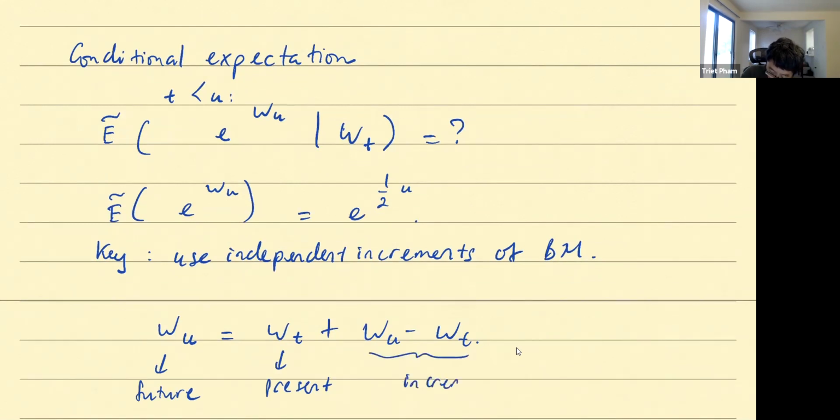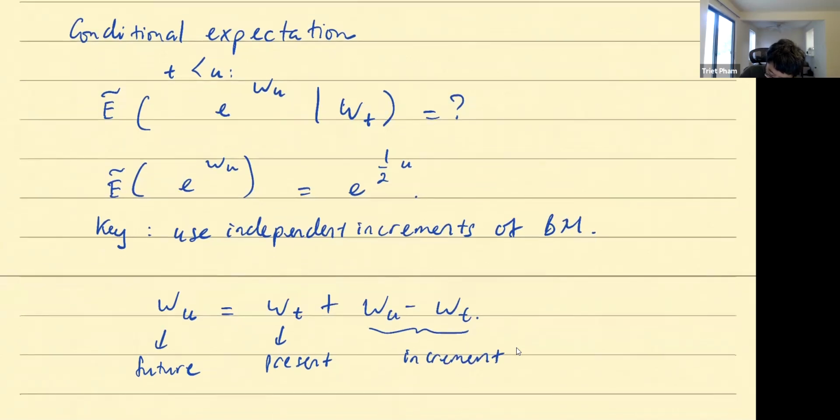Or rather, the future increment. The reason is the future increment will always be independent of the present value. How so?